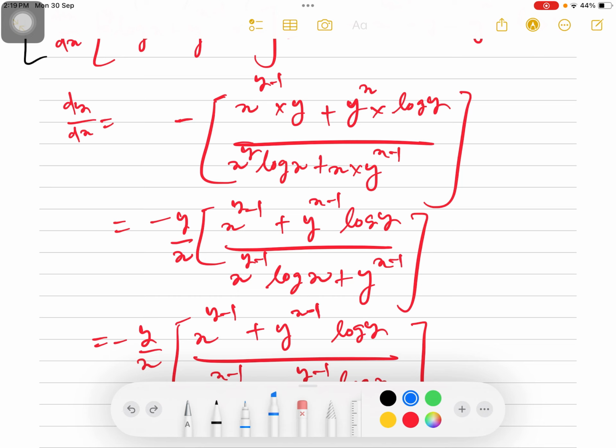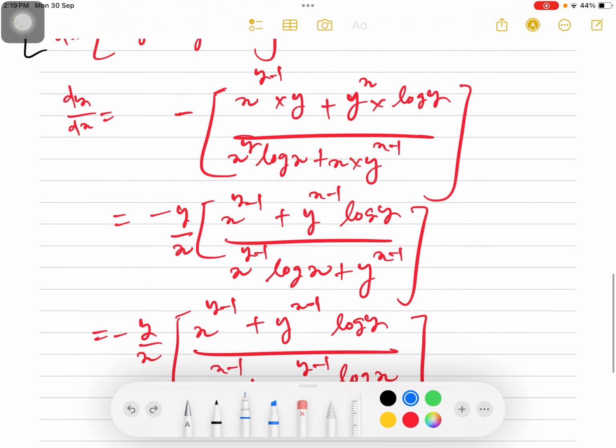So now you can leave the question here itself, or if you want, you can solve a little bit more. From this thing now, from the numerator I took y common. And from the denominator I took x common, because see here x is there and here y is there, so I took y in the numerator and x in the denominator common. The minus sign is already there outside, so it will be minus y by x only. Now see here, I took y common, what is left? x power y minus 1 is left from the first term.